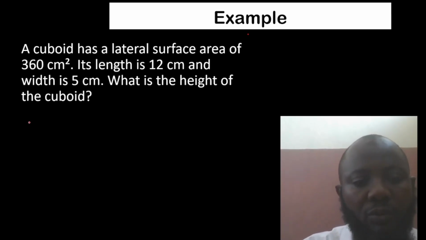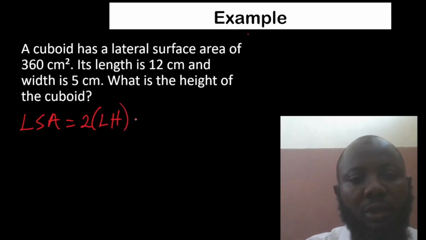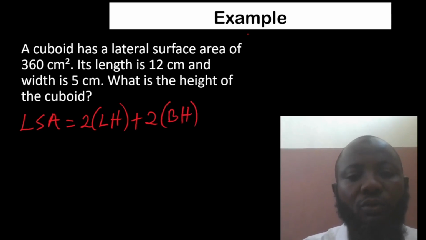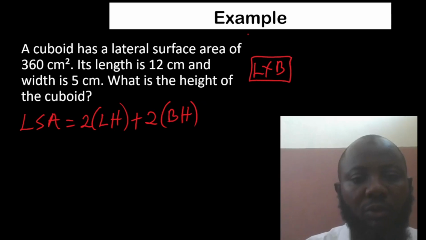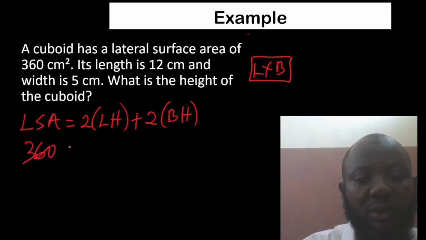Lateral surface area is 2 into LH plus 2 into BH. Don't forget, the only one that will be out is length times breadth. Are you with me?